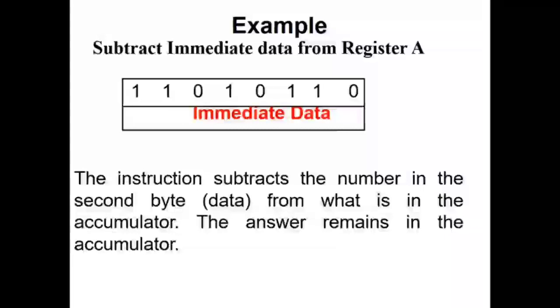D plus C, subtract 14 equals B. In other words, add what is in register D to what is in register C, then subtract 14 and put the answer into register B.